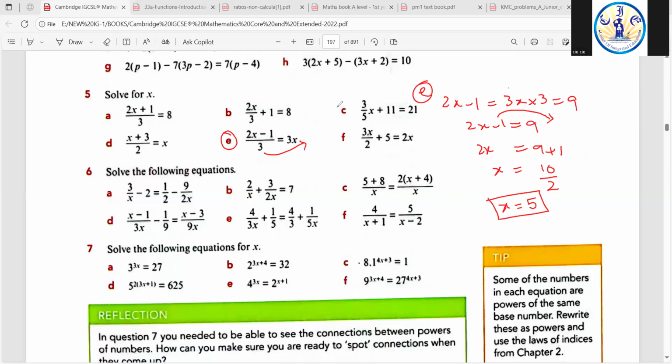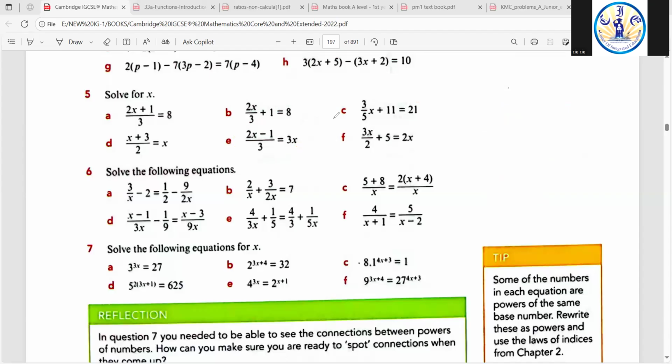And now for part B, or C. Let it be the same part as I was discussing, part B. Method 1 could be that I shift this plus 1 to the right side.